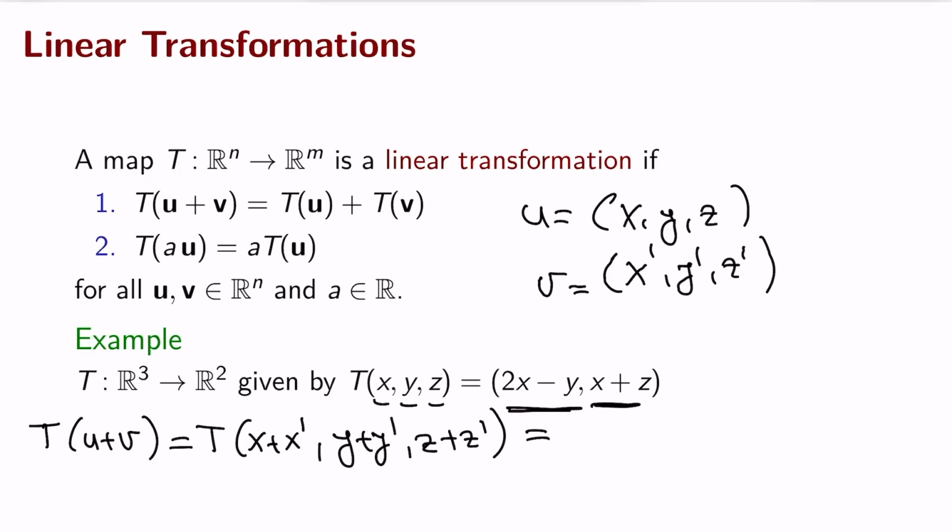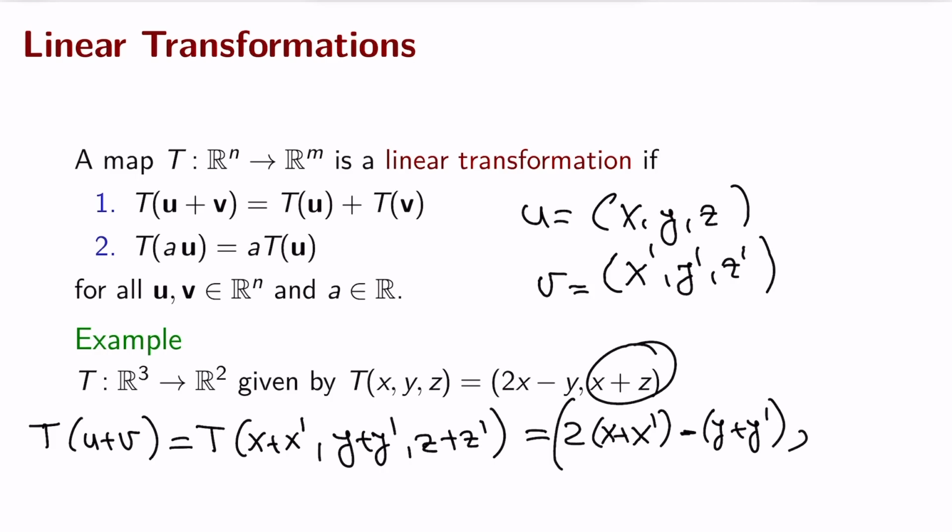And the second one is the first plus the third, so this plus this. So let's apply this rule. That will be 2 times the first one, which in this case is x plus x prime, minus the second one, which is y plus y prime. Okay, so that's the first component.